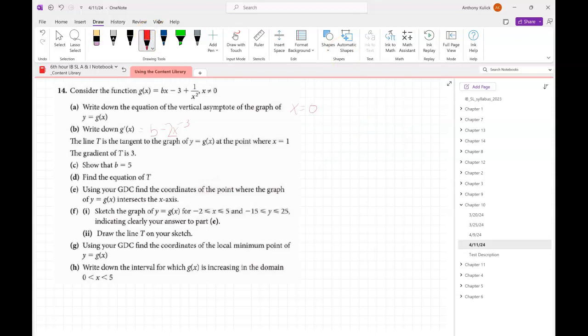What you'd show is that we know that 3 is equal to b minus 2, 1 to the negative 3. So that's my x, and that's my g prime of 1. And that allowed me to solve for b.